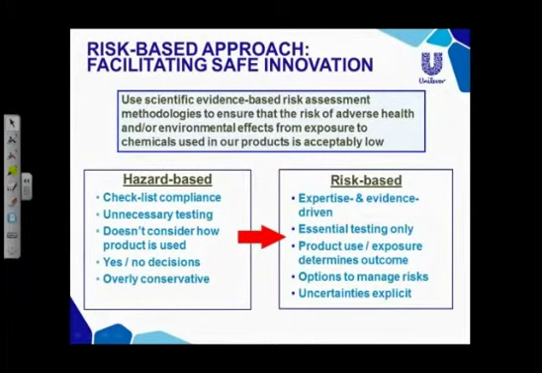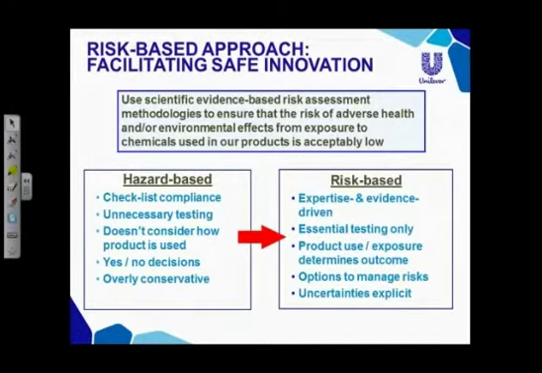If you're working simply to identify hazards for new ingredients and products, then it tends to be very much about checklists, going down lists of tests that you might have to do. And that means you end up doing a lot of unnecessary testing.